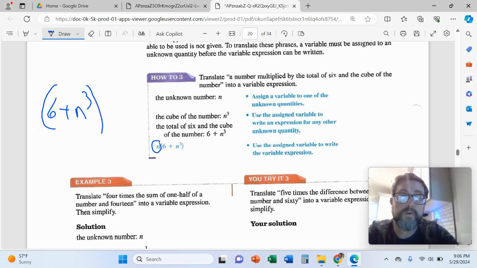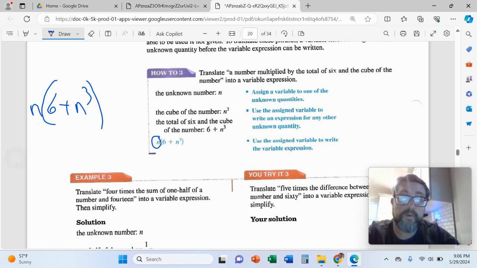Then over here they show us that n means it's multiplied. So that n being right next to the parentheses means everything inside that parentheses is multiplied by n, because it says a number multiplied by the total of 6 and the cube. Okay? And there, you got the whole thing written out.